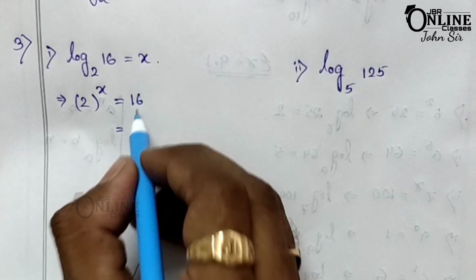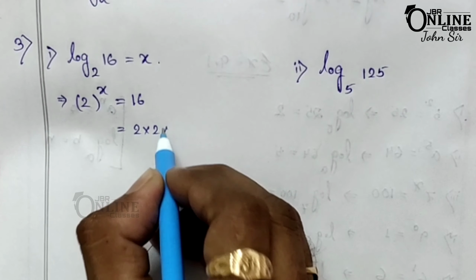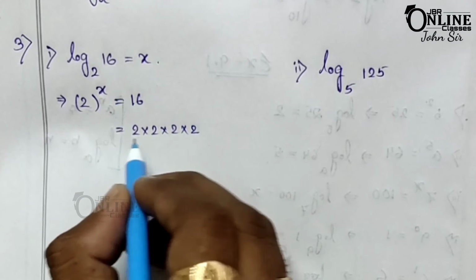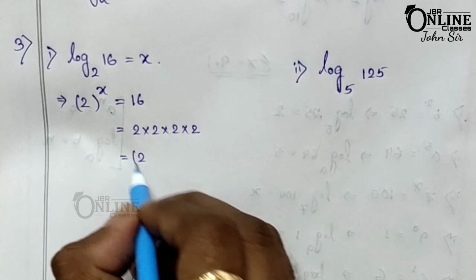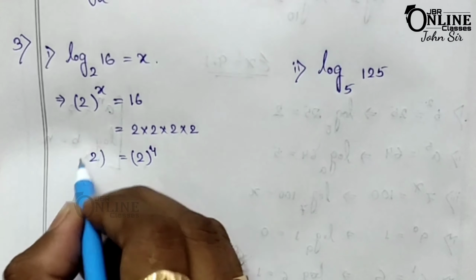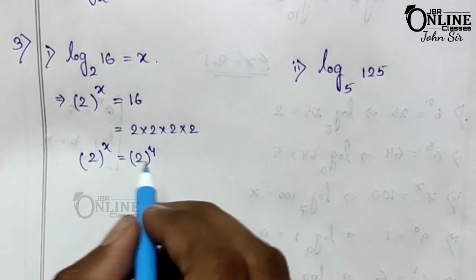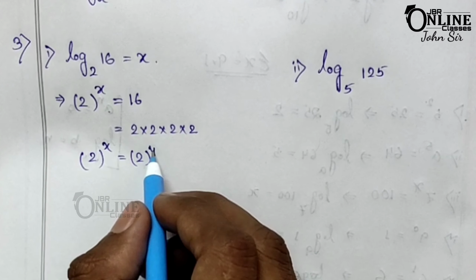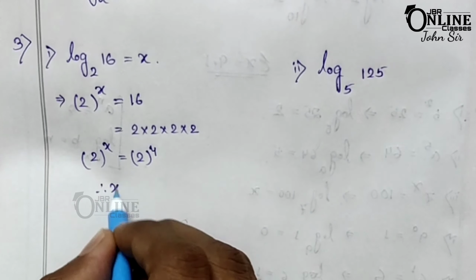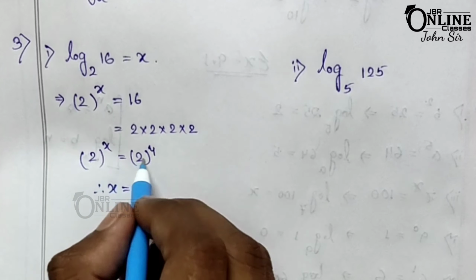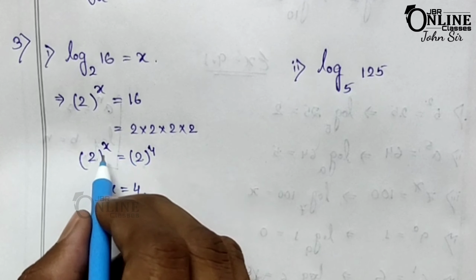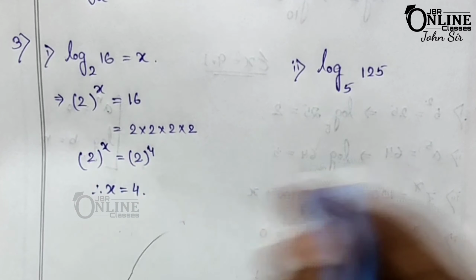Now if you factorize 16, you will get 2 into 2 into 2 into 2, that means 4 numbers of 2, so it will be 2 to the power 4. So in the left hand side you have 2 to the power x, right hand side you have 2 to the power 4, so that means here x equal to 4, as these two are equal.